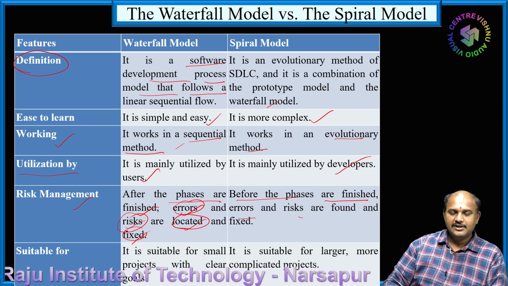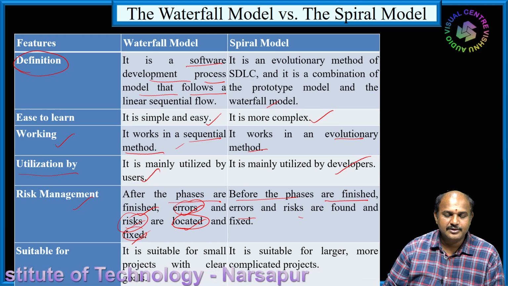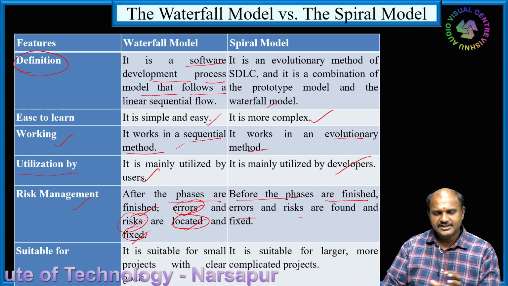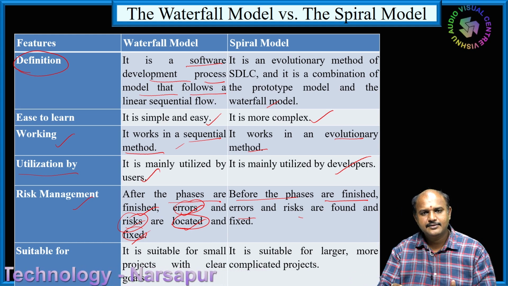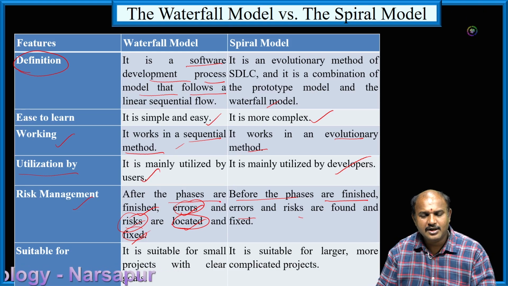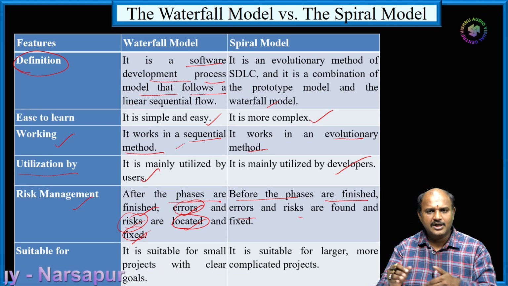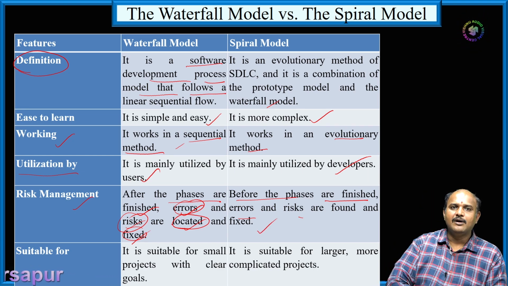What are the risks happening in the spiral model? Already I told. We should identify them, and we have to resolve the problems also. That is the main importance of the spiral model.